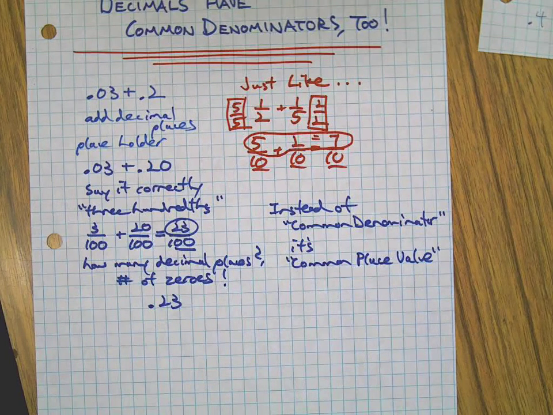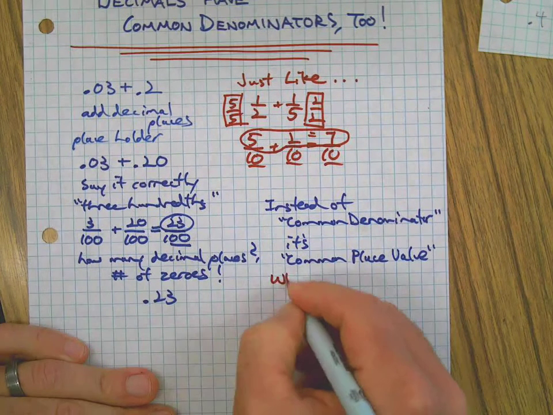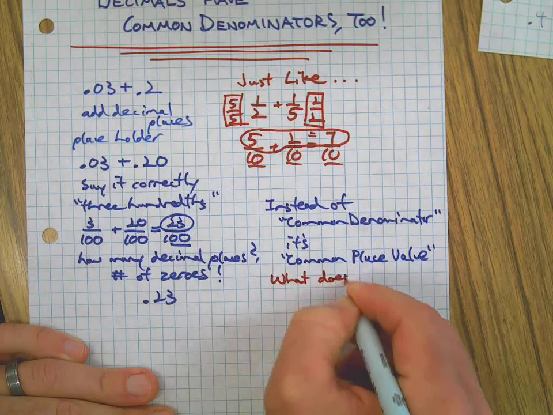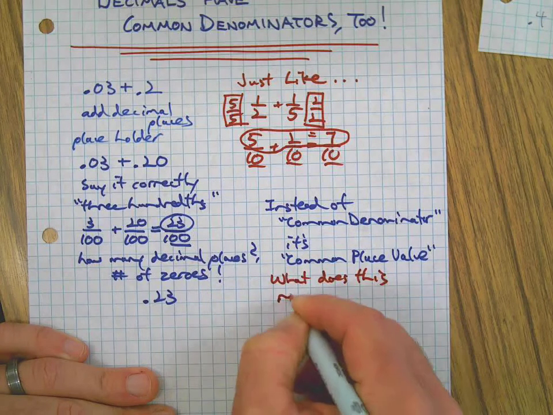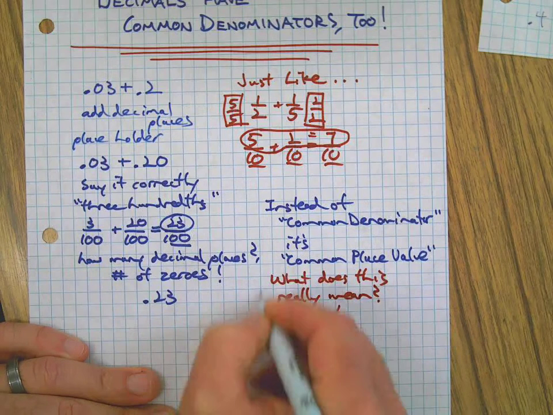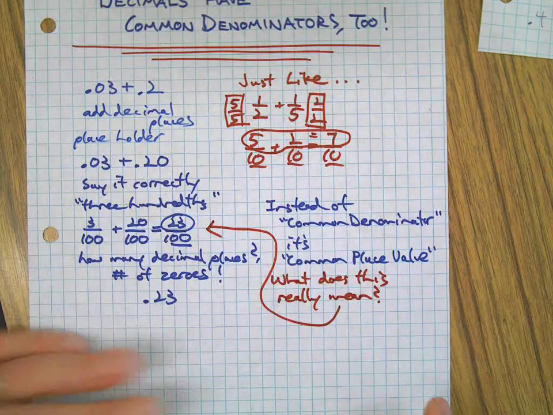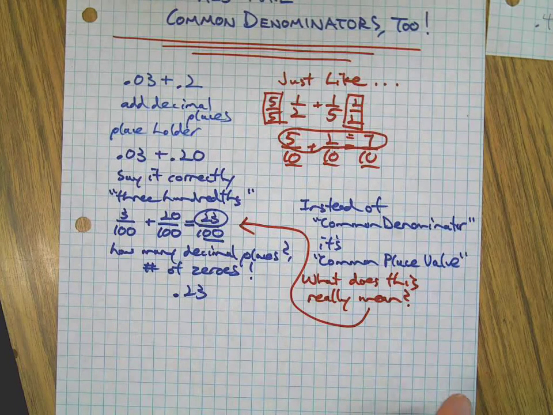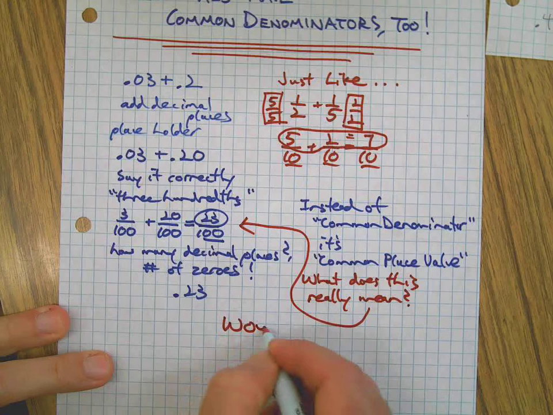What does common place value really mean? Well, it really means common denominator. So decimals have common denominators. Whoo!